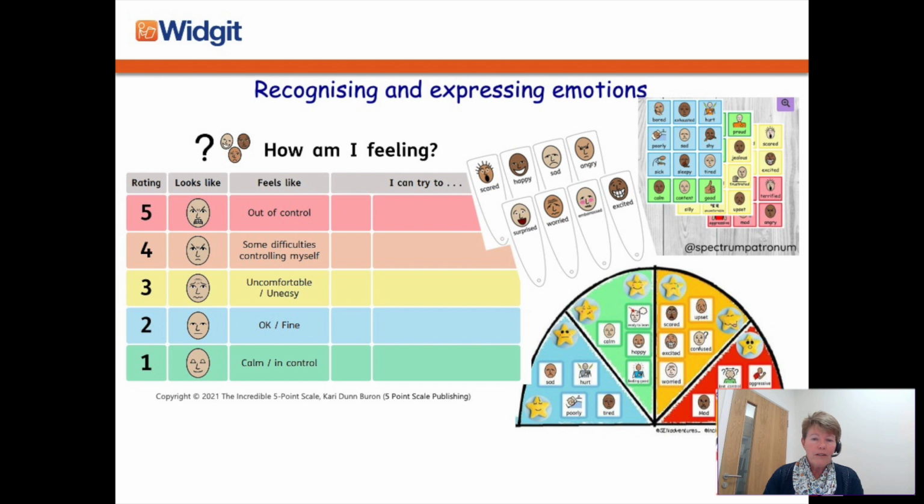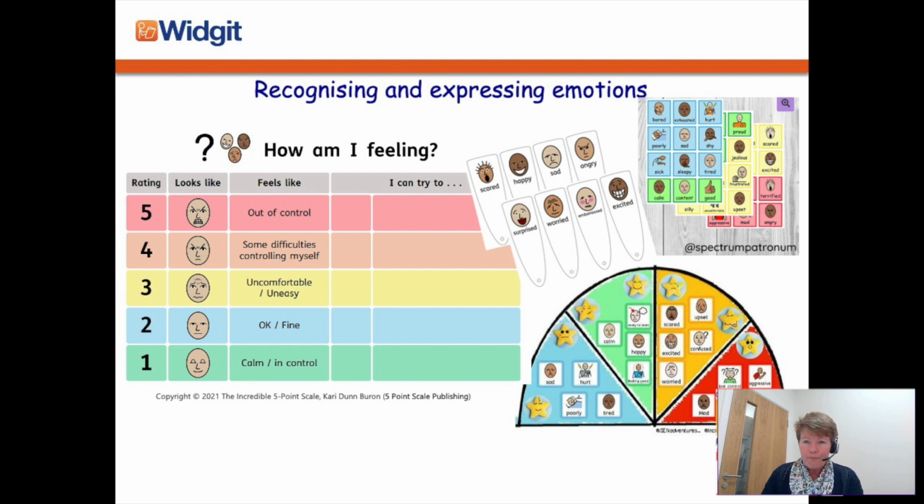So again, just to let you know, the Carrie Dunn-Buron resource on the left-hand side is being produced in Widgit Online. The emotion fans you can do in Widgit Online and Imprint 3. So all of these things you could produce in Imprint 3, but those fans are available as templates in both.